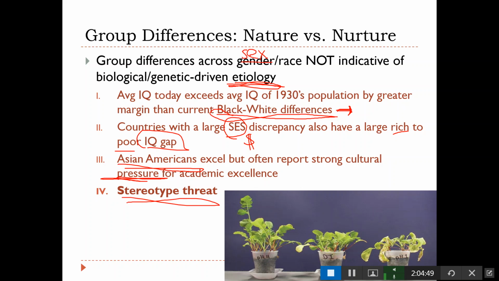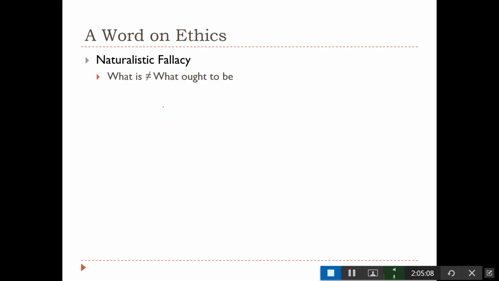And finally, we talked about stereotype. So just to kind of wrap these up in a nice, neat bow, some people might feel this kind of stereotype threat and are afraid of confirming this stereotype that they're stupid, right? And then they do poorly on a test, and that kind of confirms things. So we have to overcome those kinds of problems.